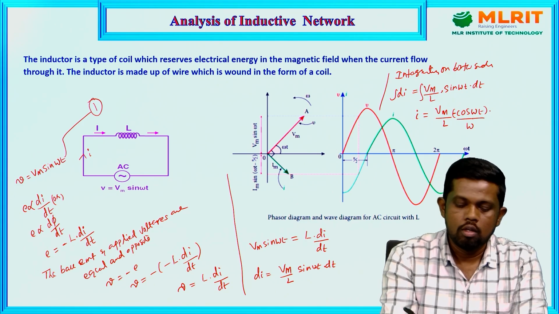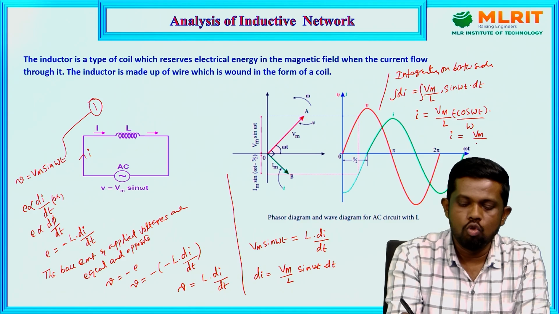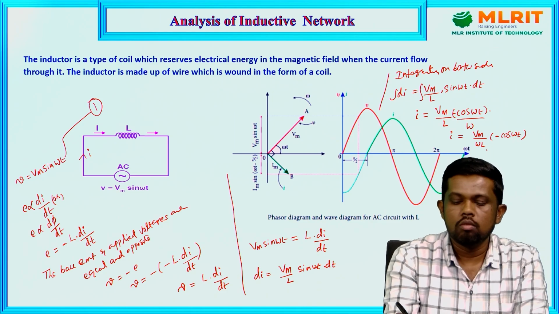So the final current expression will be I equal to Vm by omega L, then minus cos of omega t. This is the current expression we got.